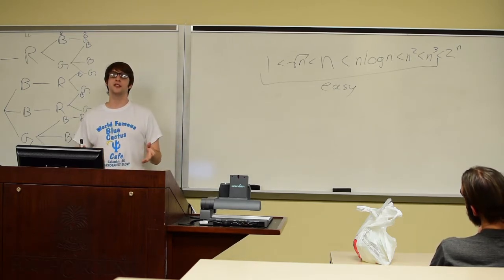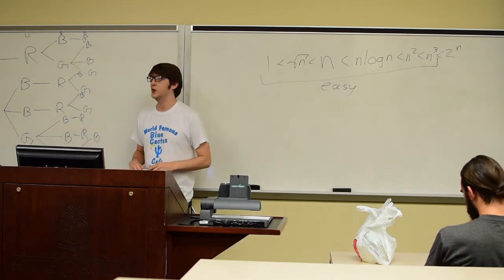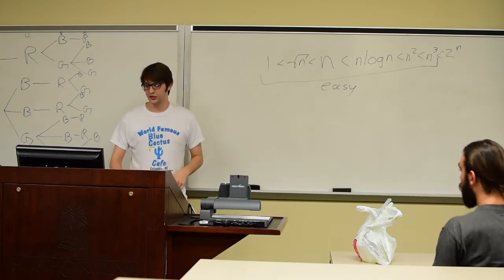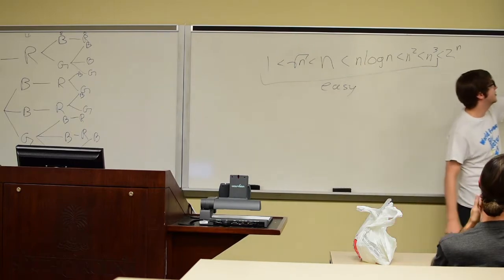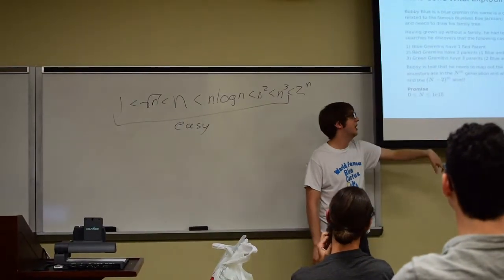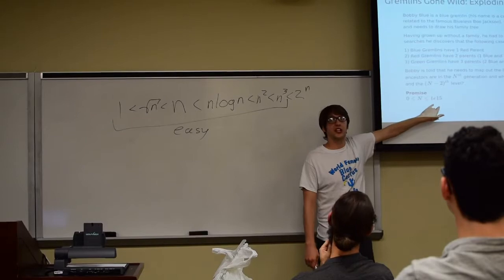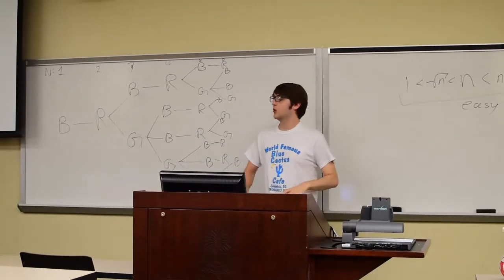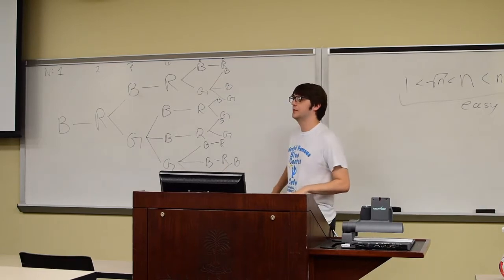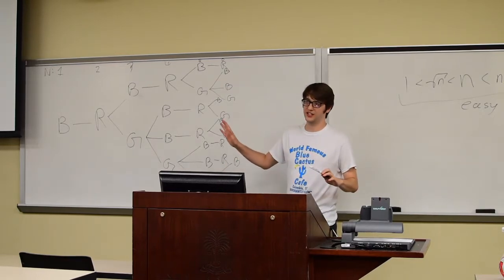So they say, we promise on any of the test cases that we give you, n will not be greater than, actually there is, right here. So you're promised n is no greater than 1e15, right? This is a huge number. This is an extremely large number. So right there, you can look at that and you don't have to worry about making this whole tree because you know there's no way it's going to be fast enough, right?